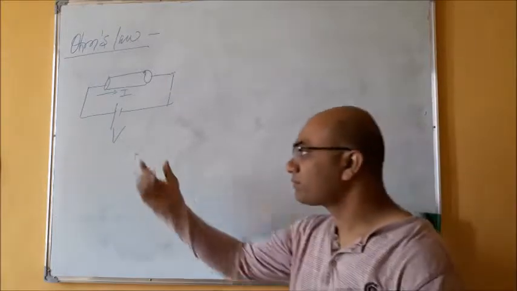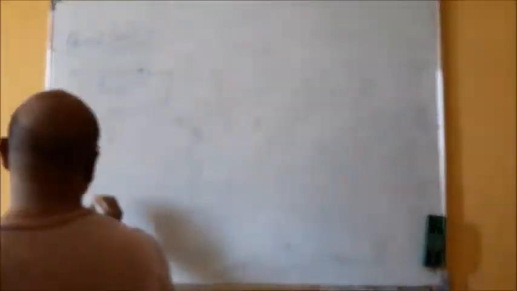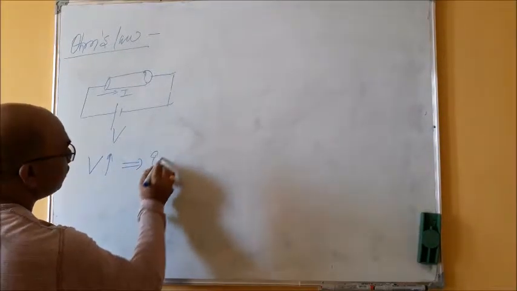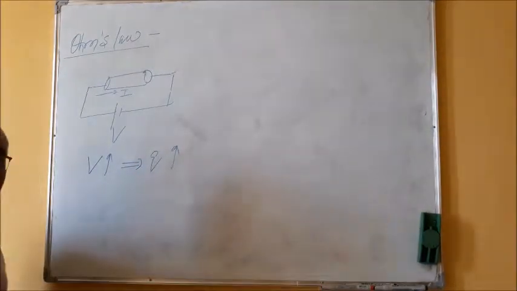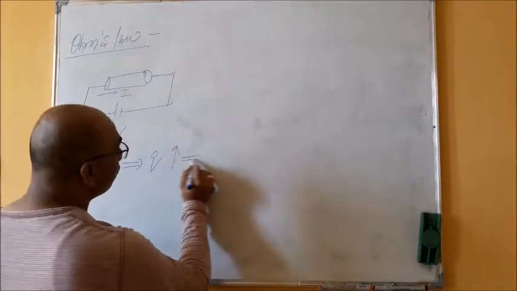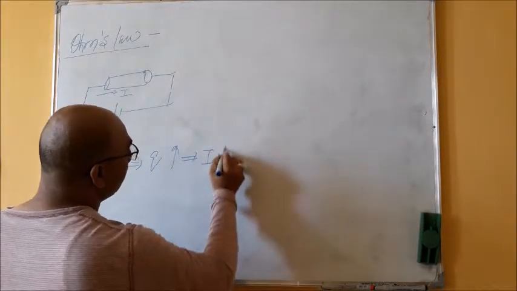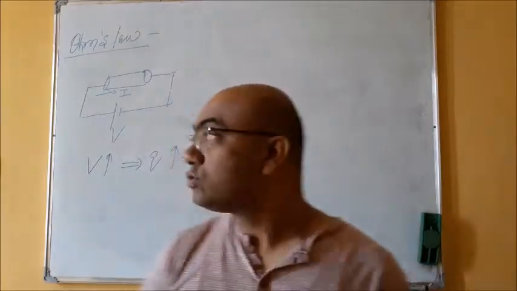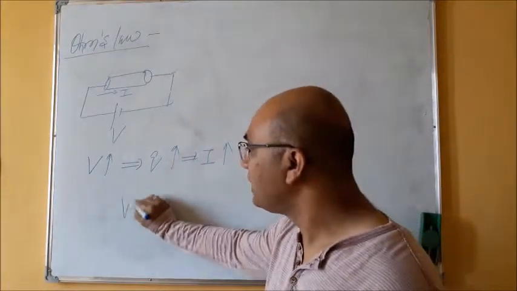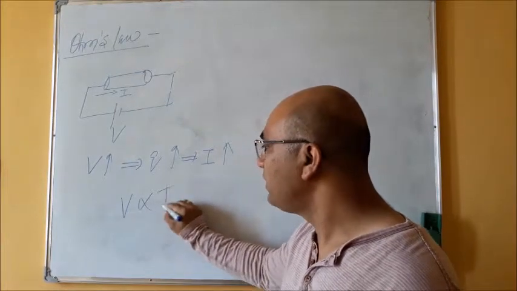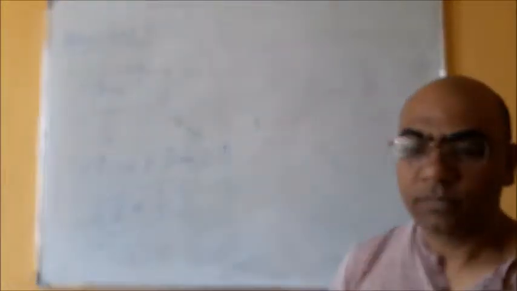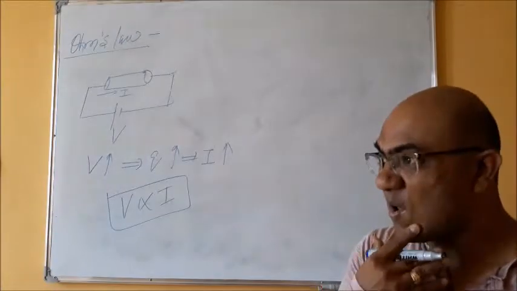If we have a larger value of V, more charge will flow, and if more charge flows, there will be more current. So we can conclude that V is proportional to I.